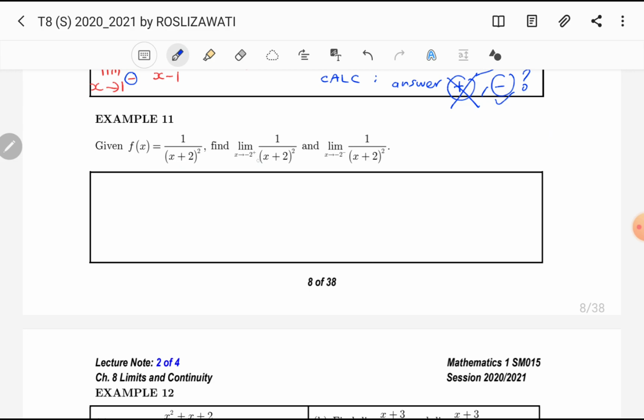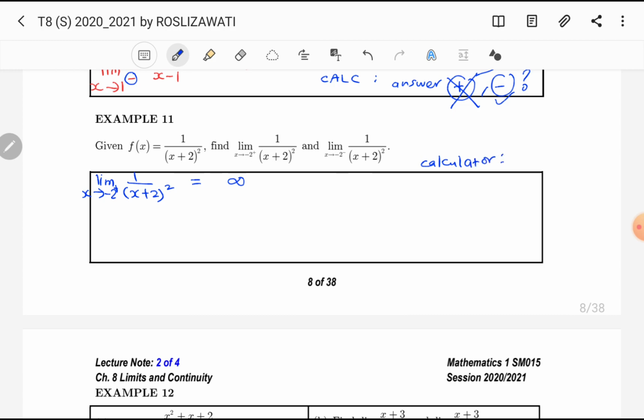Next. Example number 11. Okay, given fx, find limit. Okay, so limit 1 over x plus 2 squared as x approaches negative 2 from positive. So, kalau awak kira, awak akan dapat 1 over 0. 1 over 0 is infinity. Okay, so for this case, awak akan masuk dalam calculator.